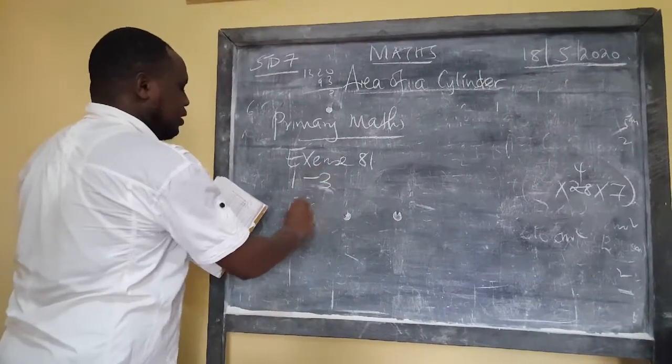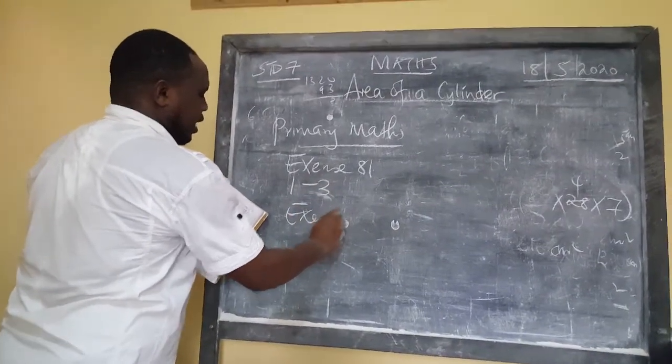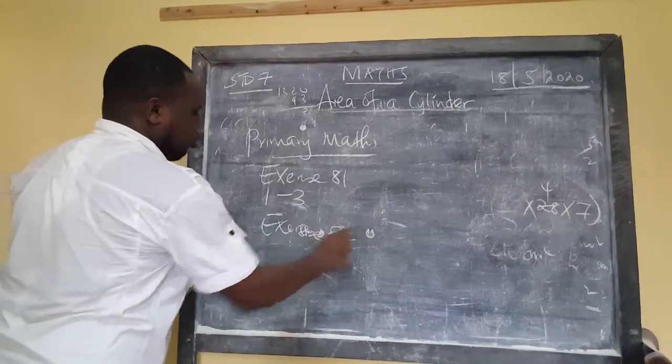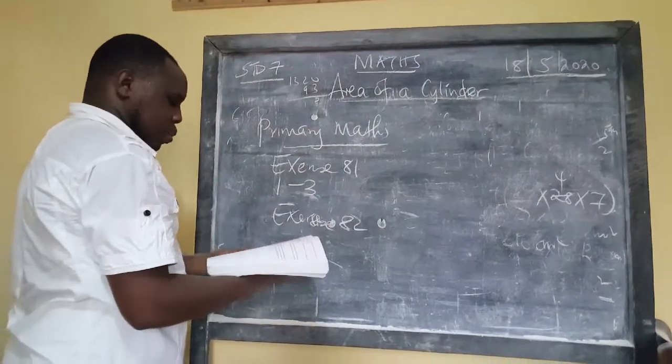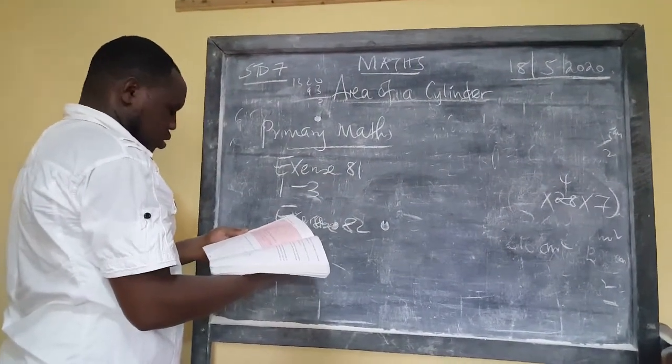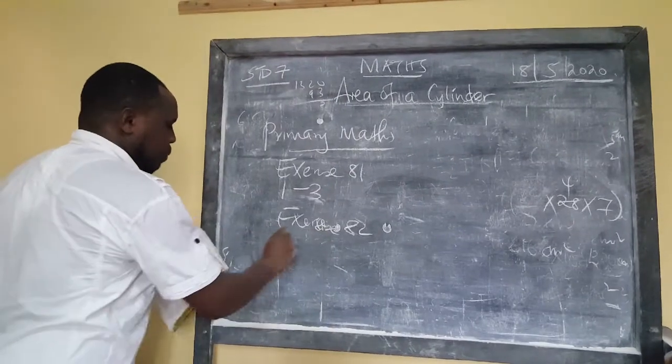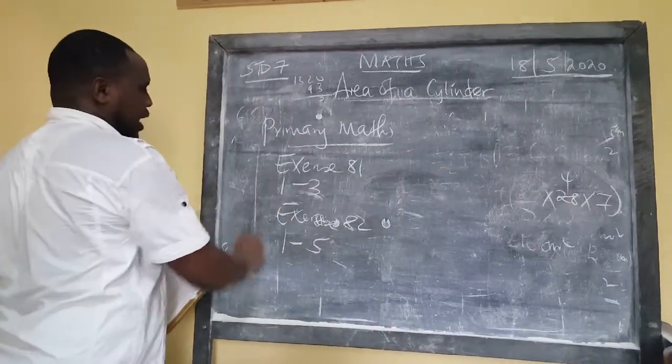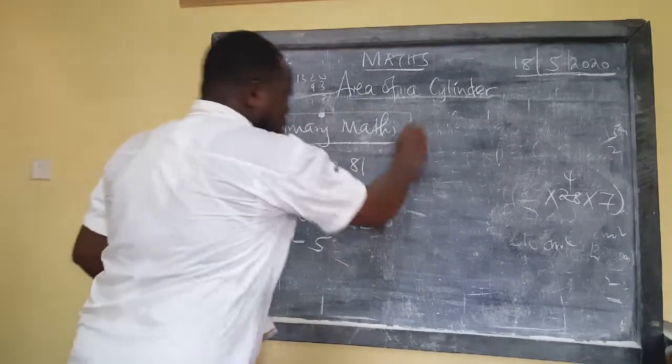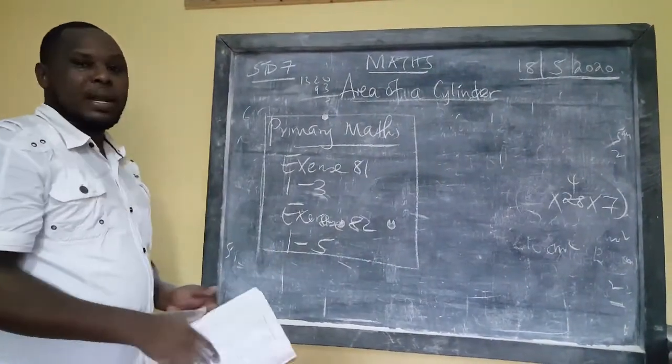Then Exercise 82. There are questions here where you're going to use the formula now. Number 1 up to 5. Number 1 up to 5. So learner, calculate these questions well using the formula I've given you.